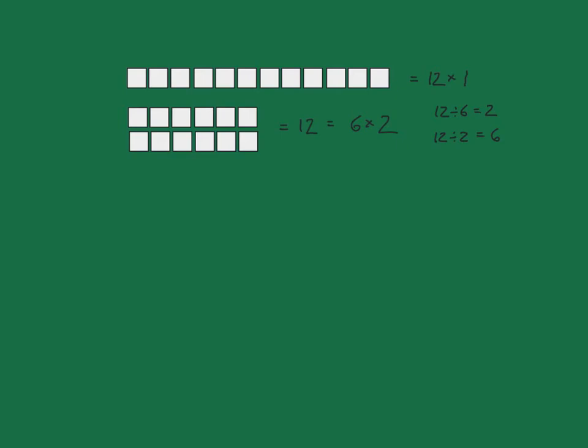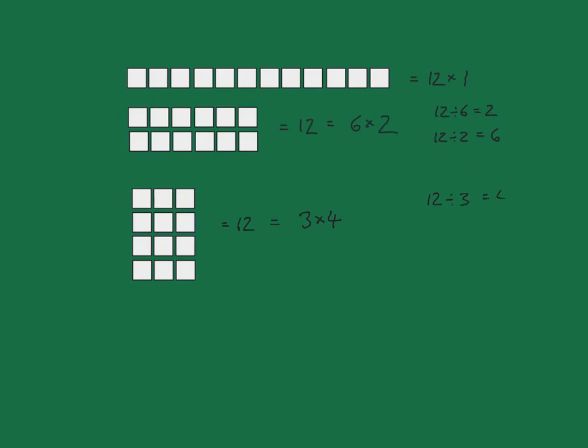We can do it again. If we take these 12 squares and duplicate them, we can rearrange them into a block of 3 by 4. There are still 12, but this time 3 by 4, which shows us that 12 is divisible by 3 to give 4, and 12 is divisible by 4 to give 3.